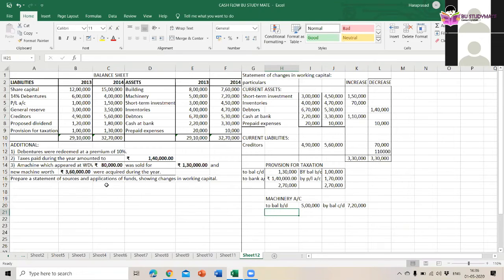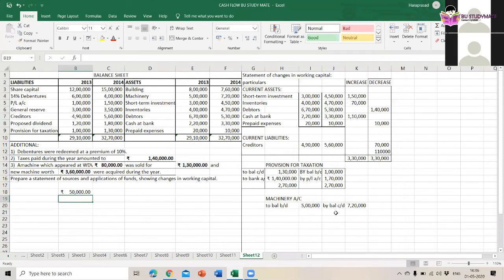So the 80,000 rupees machine is sold at 1,30,000 rupees. So how much profit are we incurring? 1,30,000 minus 80,000. So we are incurring a profit of 50,000 rupees by selling a machine.